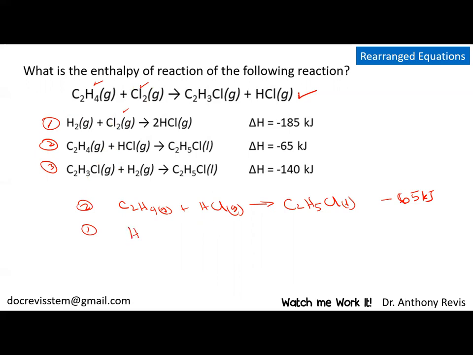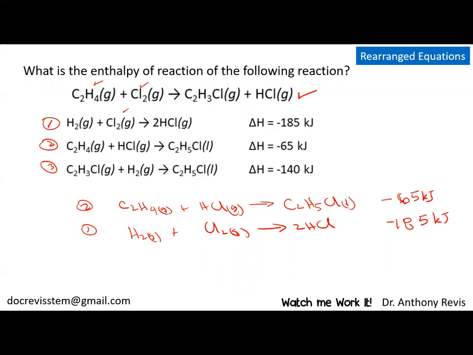I can rewrite it as H2 gas plus Cl2, because I just see it looking right at me, equals 2HCl. I'm not going to worry about the stuff that adds to it. I can work all that out later. Someone's going to say it's too much in there. I know it is. So we're good there.